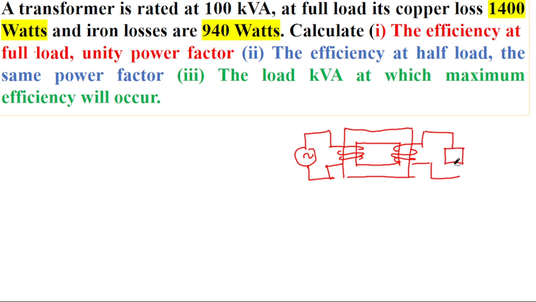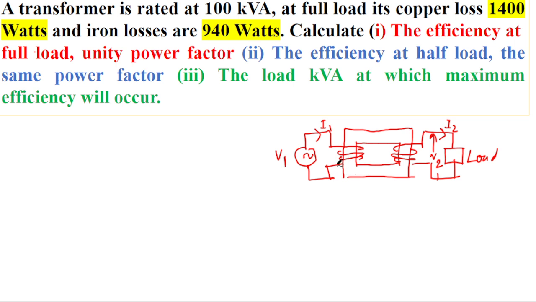This is the load. The source voltage is V1, the voltage at the secondary side is V2, and the current here is I2. Similarly, the current here is I1.